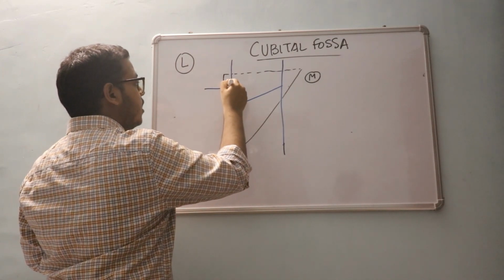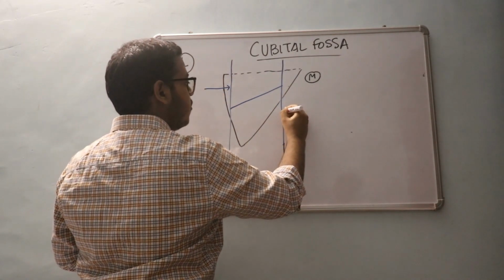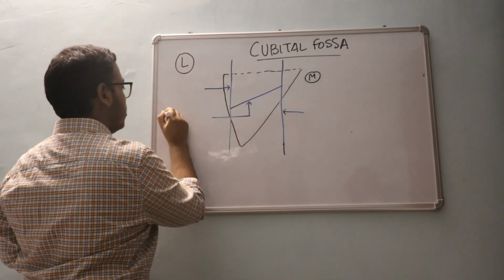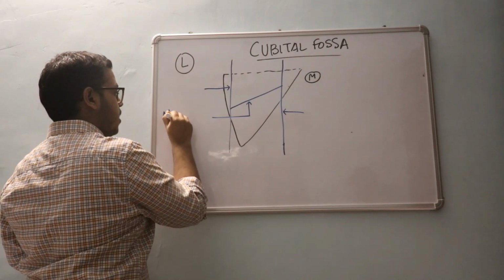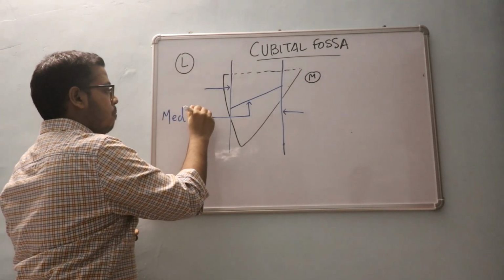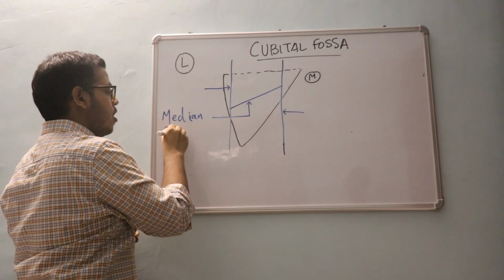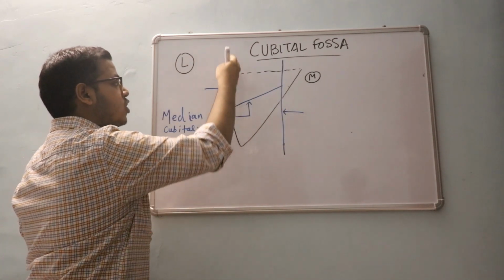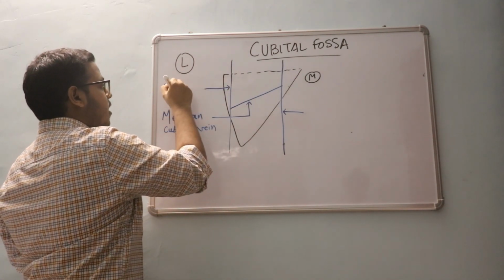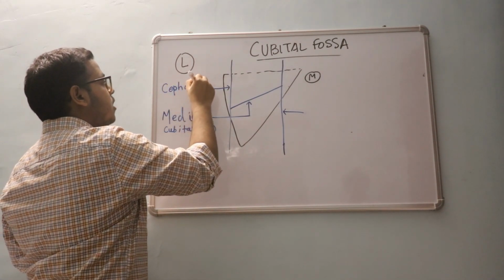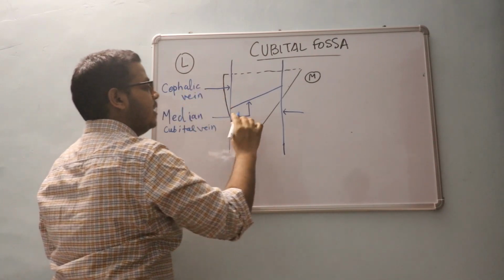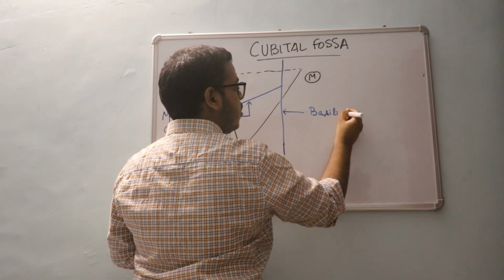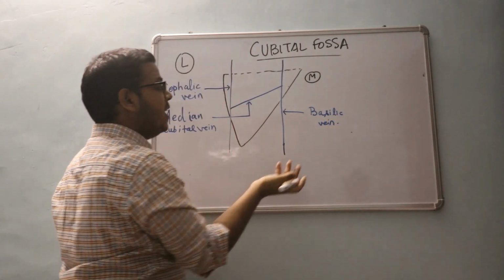Okay, so this is on the lateral side, and this is the medial side. And this one is the median cubital vein, which connects the cephalic vein on the lateral side and the basilic vein on the medial side.